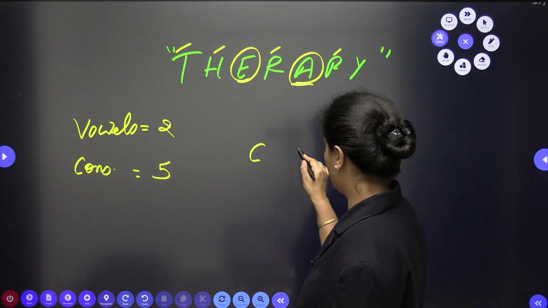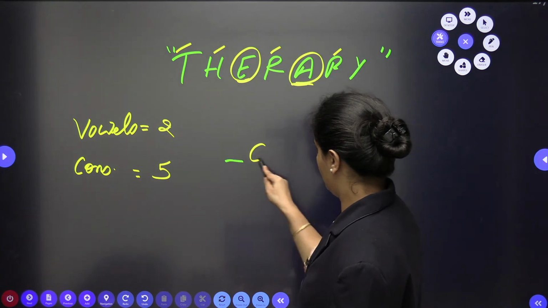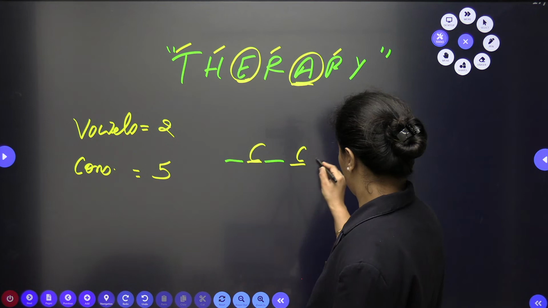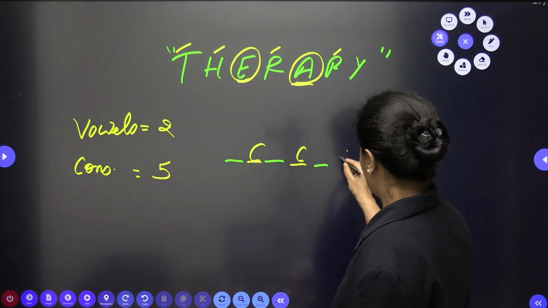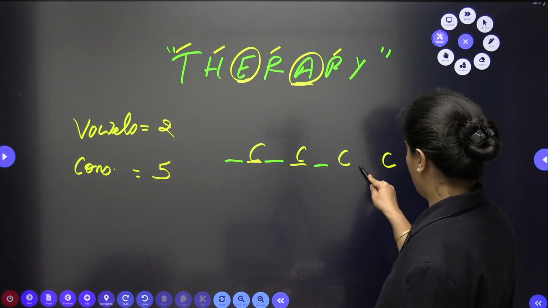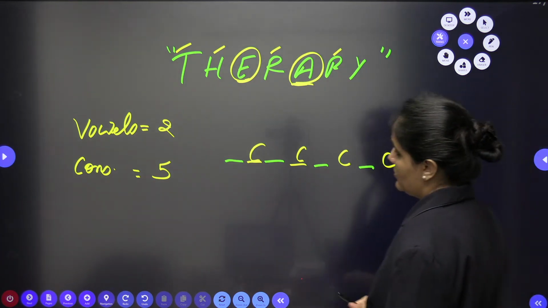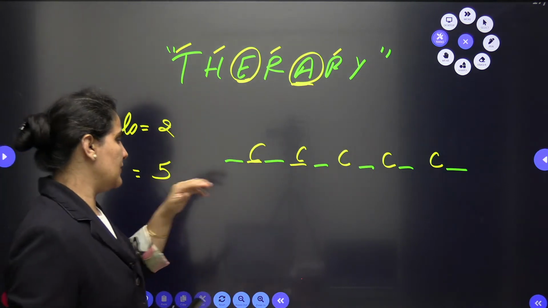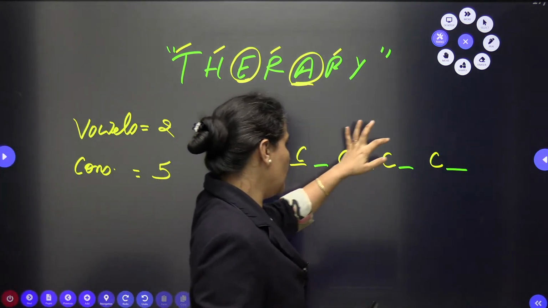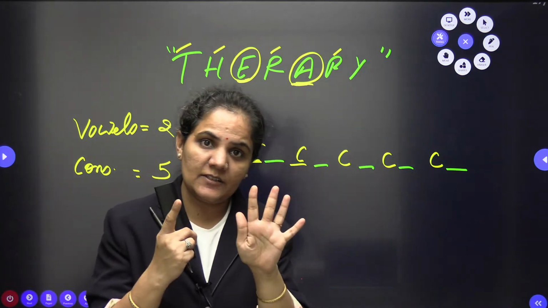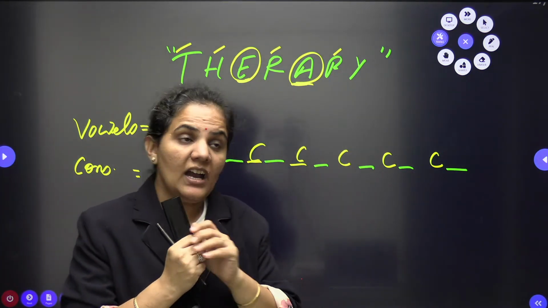Let me write down consonant, this is the blank space, consonant, then again the consonant 3, 4 or 5. So here we are having blank spaces. We are having 5 consonants, but look at the number of spaces: 1, 2, 3, 4, 5, 6. We are having 6 blank spaces and 5 consonants.